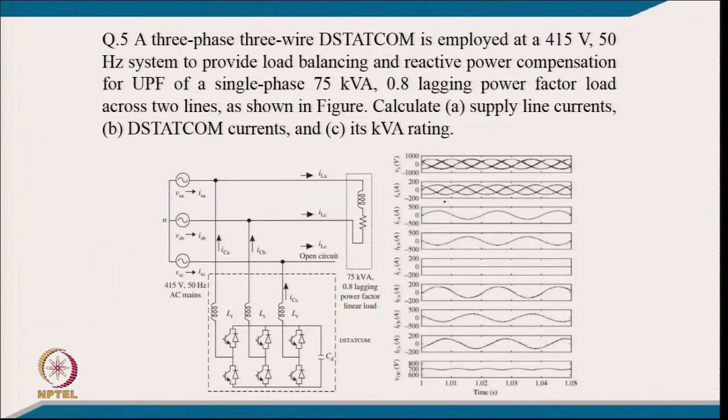So, this is a 0.8 lagging power factor load across line to line, the third line is open, but by keeping a STATCOM current, we can have all three line currents on the grid side balanced and sinusoidal, and the corresponding waveforms after making the control. These are the 3-phase voltages, then the 2 line load currents, the third phase line does not have a current, these are the compensated currents and the DC link voltage.